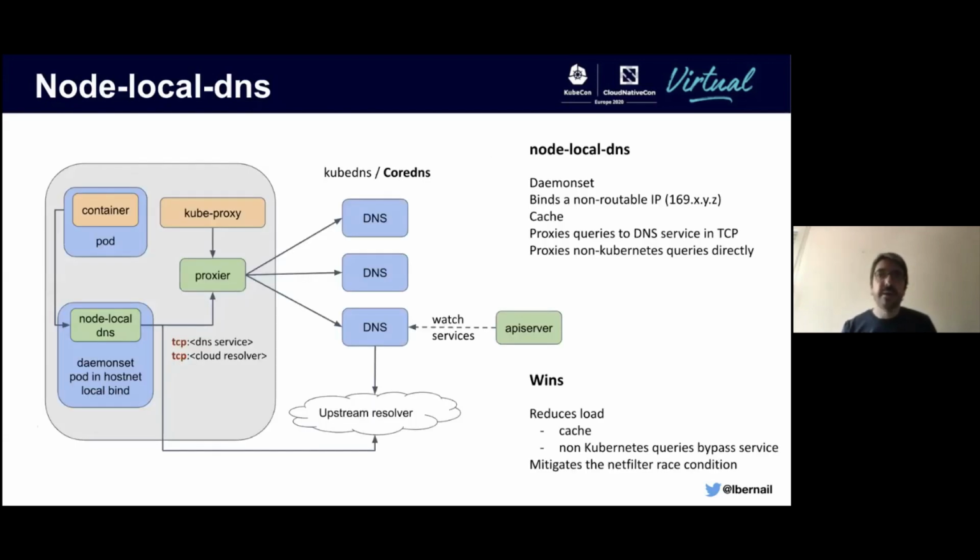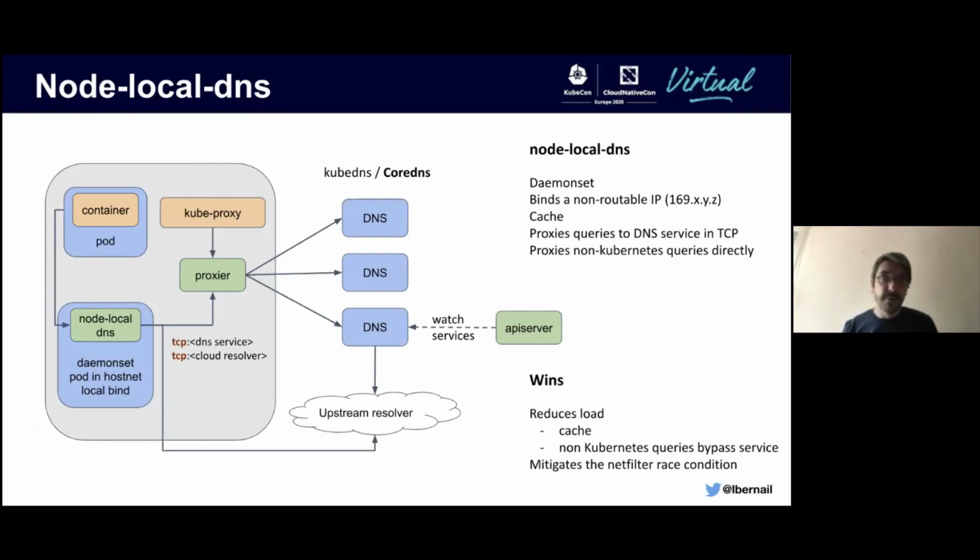Another option that people are starting to look into seriously, and that's available upstream, is to use node-local-dns. So it's actually a very simple idea where you run a local DNS cache on every node as a daemon set, and have all your containers query this local DNS. And the good thing is, well, you have a local cache and queries are then forwarded upstream to the DNS pods.